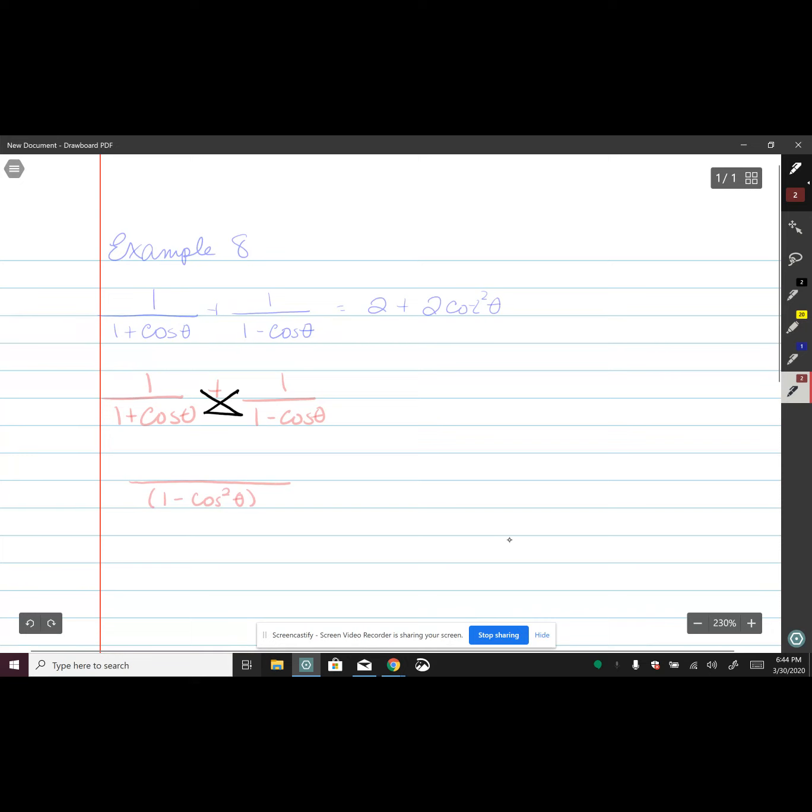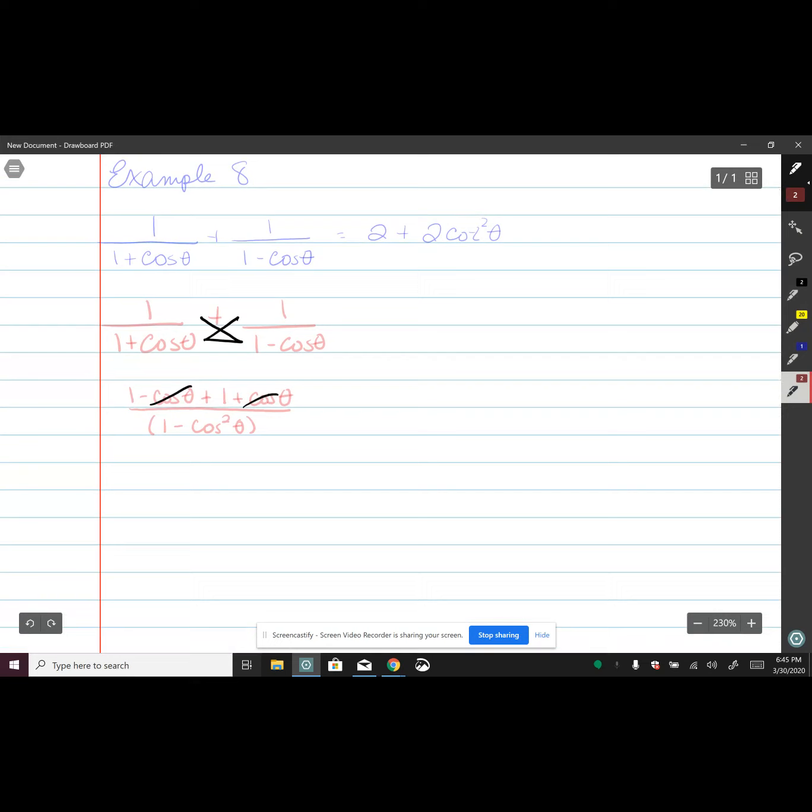On the top, we have 1 minus cosine of theta plus 1 plus cosine of theta. Okay. Let's clean up this top here. If you take a look, you will notice that we have a positive cosine and a negative cosine. So we're going to cross those off. Clean up the numerator some more, and you wind up with 2 over 1 minus cosine squared of theta.